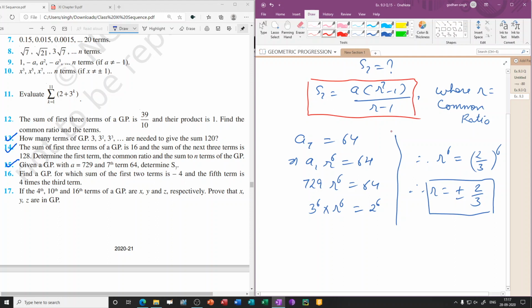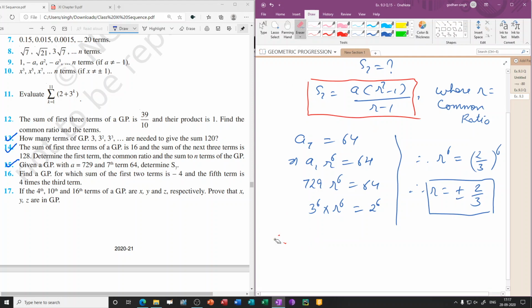Now what we have obtained is, if you see this S7, in this what is required is a. We already have a because that is given to us. Also we have obtained the value of r. So let's solve this one. Therefore we can say that S7 equal to, so there are two cases here, plus minus 2 by 3. So let us take two cases one by one.